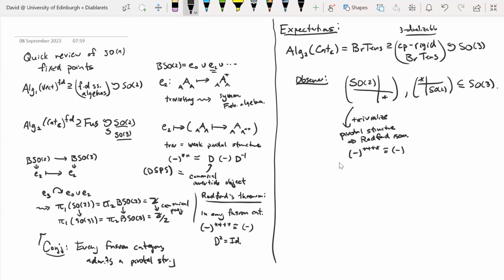But as expected, it uses the braiding. So I'll try to draw it something like you go like this, and then you go like this, and that's a monoidal map from there to, if I haven't got it wrong.